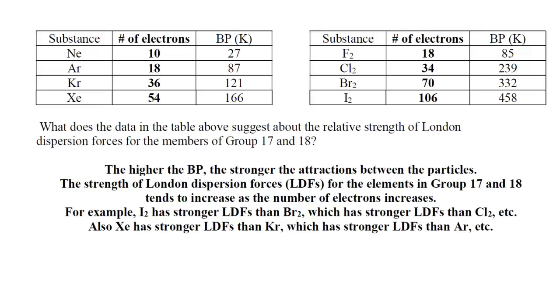And the strength of the London dispersion forces, or the LDFs, for the elements in group 17 and 18 tends to increase as the number of electrons increases. So iodine has stronger London dispersion forces than bromine, which has stronger London dispersion forces than chlorine, etc. Also, xenon has stronger London dispersion forces than krypton, which has stronger London dispersion forces than argon. So a larger electron cloud is going to have stronger London dispersion forces.